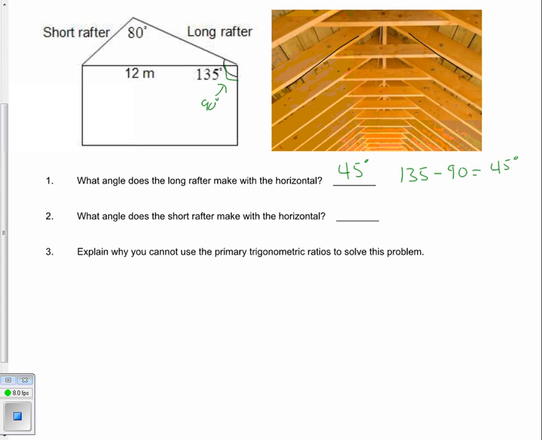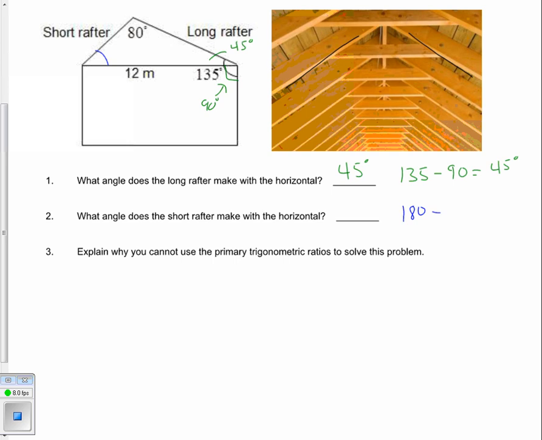So what then is the angle of the short rafter? I want to know what this angle is in blue. Well, since I now know that this angle right here is a 45-degree angle, and I know that at the top I've got an 80-degree angle, I can take 180, because in a triangle, all three inside angles equal 180.